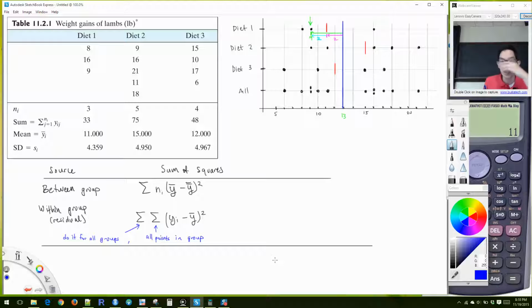And then the total sum of squares would just be each individual data point minus the grand mean, squared, for all points in the data set.